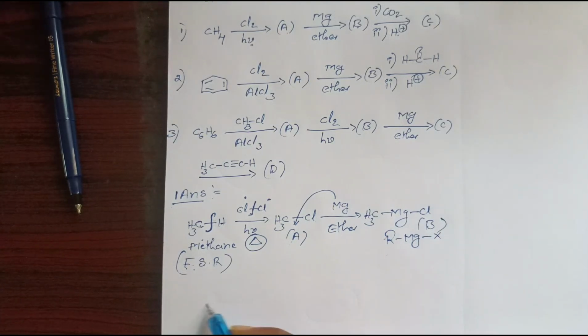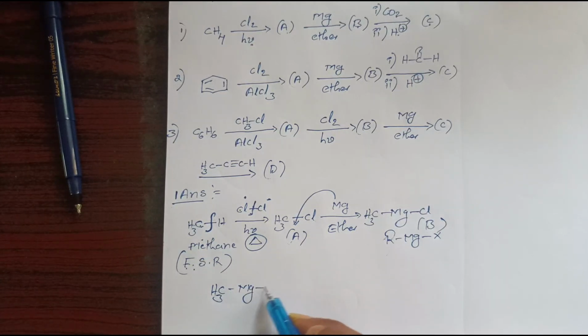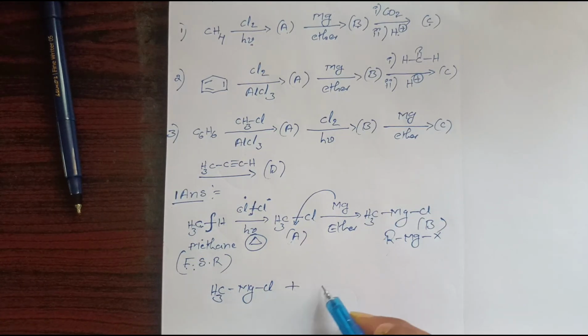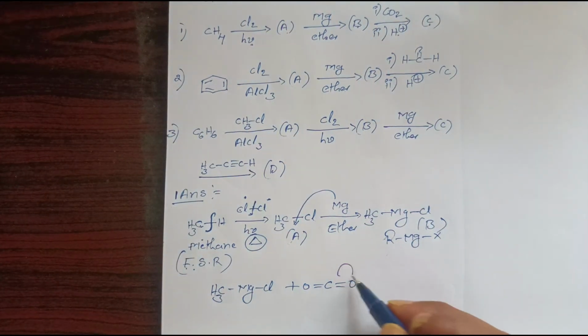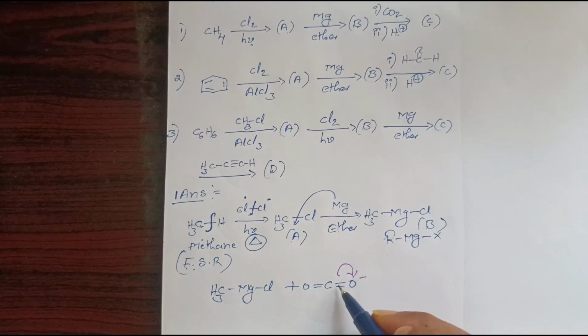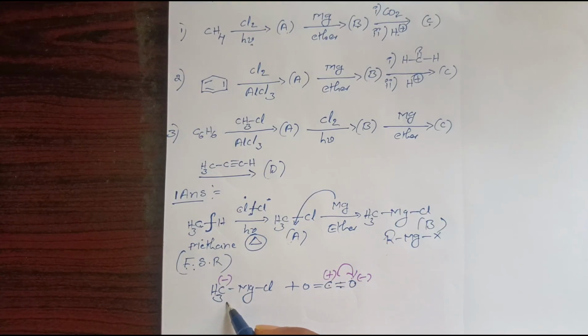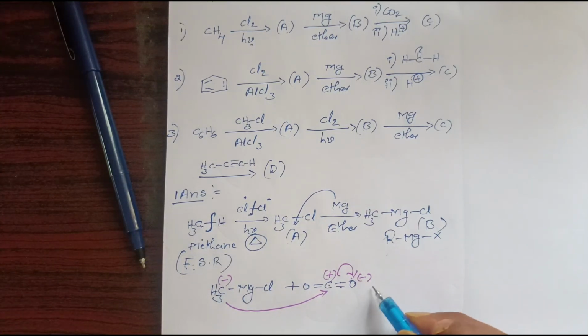Next, the CH3MgCl Grignard reagent reacts with carbon dioxide. Carbon dioxide is linear. In carbon dioxide, which charge does carbon have? Between carbon and oxygen a double bond is present. The pi bonding electrons move to the oxygen side, so carbon gets a positive charge. In the Grignard reagent, R has a negative charge, so it acts as a nucleophile in this reaction.